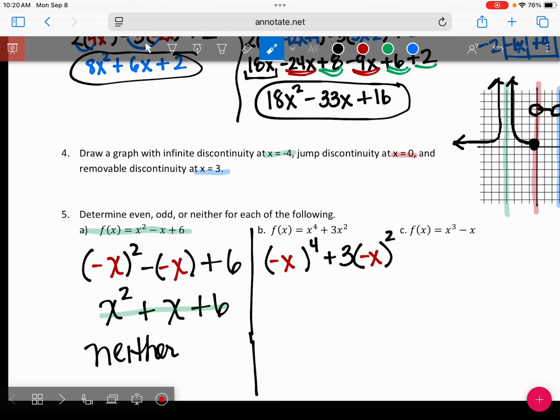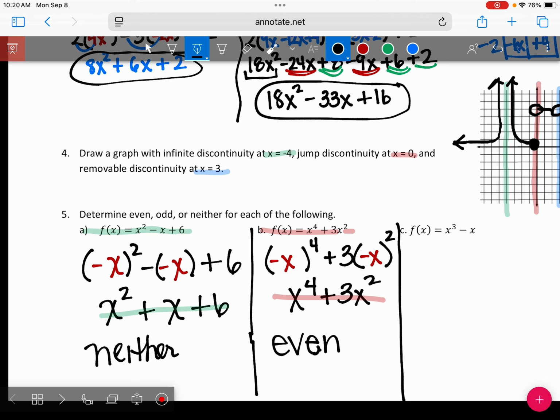So when I take the negative to the power of 4 and the negative to the power of 2, they're both going to flip back to positive and give me the exact same function that I started off with. So comparing these two, it's a complete match, which tells me that this graph has y-axis symmetry, or even, same thing.